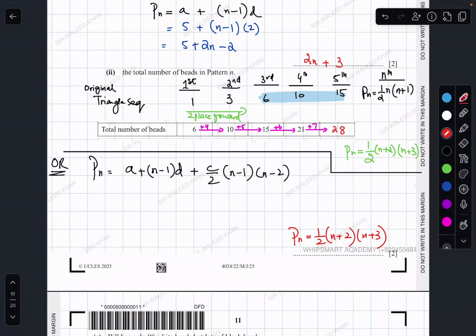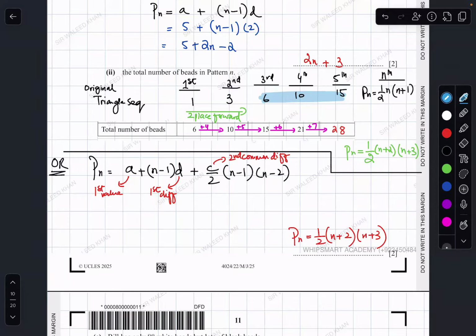This, let me label it. This is the first value of the sequence. This is the first difference. First difference is this 6. And this C is the second common difference. So if you are stuck and you can't figure it out, you can always refer to this.